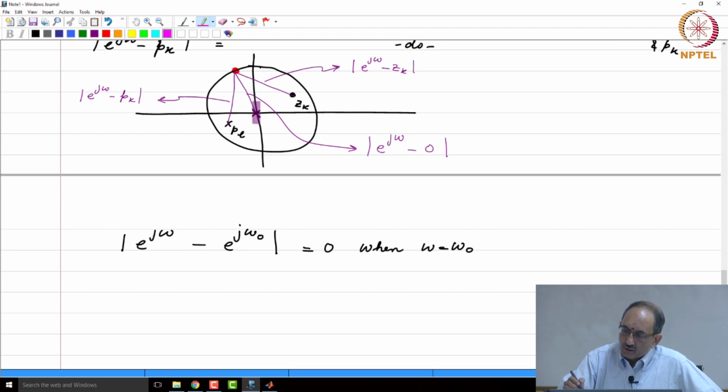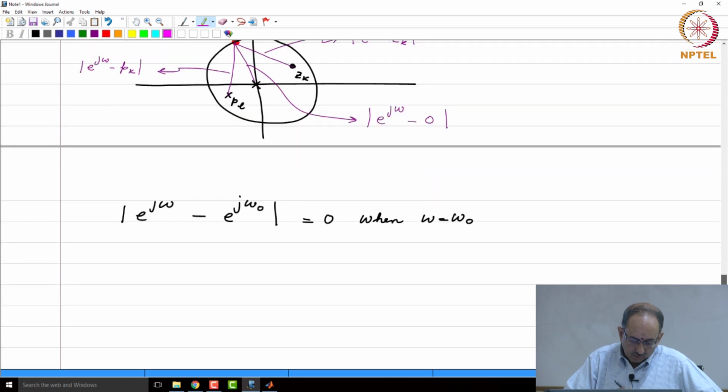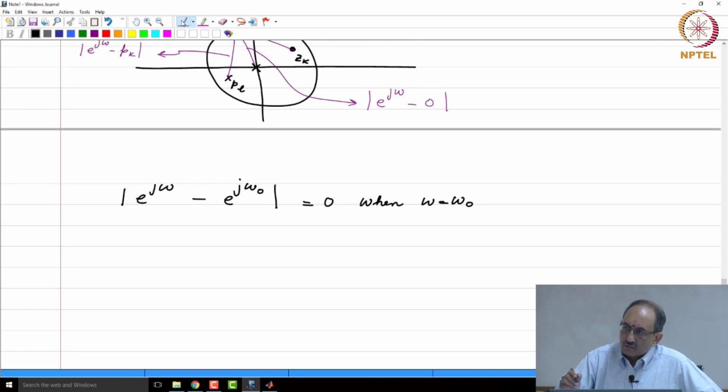And the point about poles or zeros at the origin is, wherever you are on the unit circle, you are at a constant distance of 1, and hence they do not contribute to the magnitude response. Actually, what we have seen is absolutely no different from what was happening in the continuous time case.